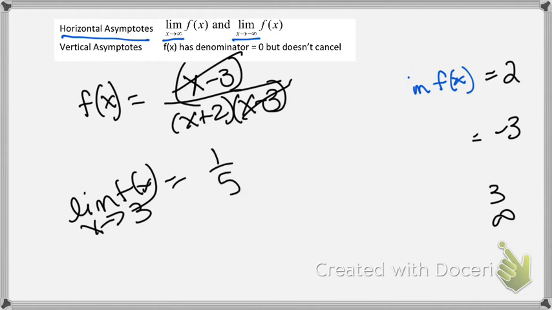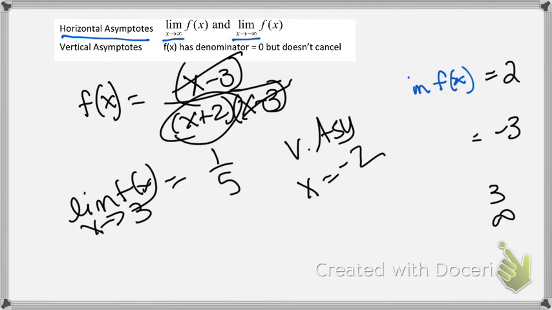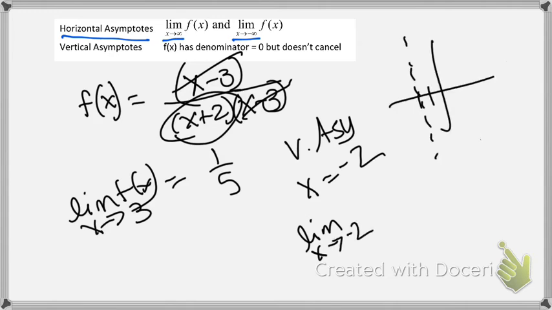Okay. Vertical asymptote, though, would occur when x is -2, because that one doesn't cancel, so it's a vertical asymptote. Okay? Similarly, if I said, what is the limit as x approaches -2? Since there's a vertical asymptote there, as I approach that asymptote from whatever side, the height is going to go to either infinity or negative infinity.